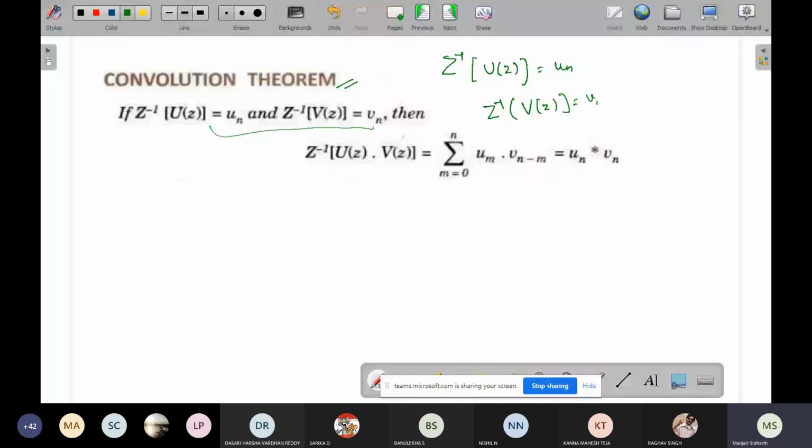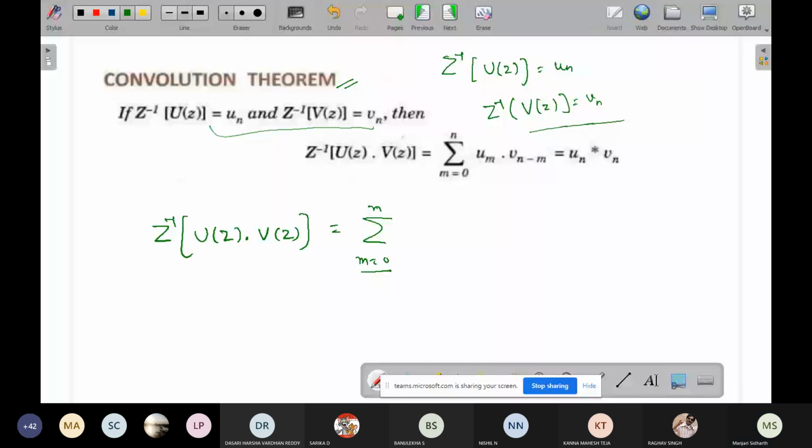Okay, then the Z inverse of these two terms, U(z) into V(z), the multiplication of these, will be the sum with m equals 0 to n. Two suffixes we are using, m and n, two parameters.